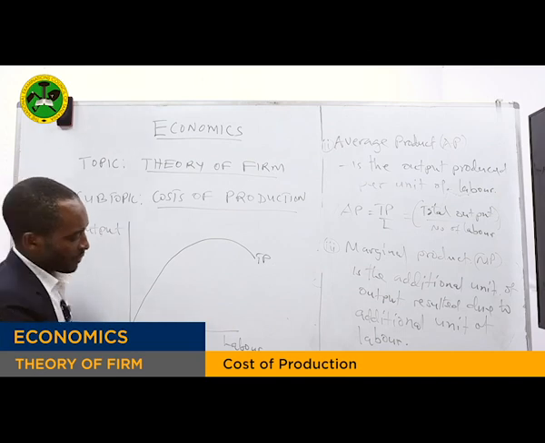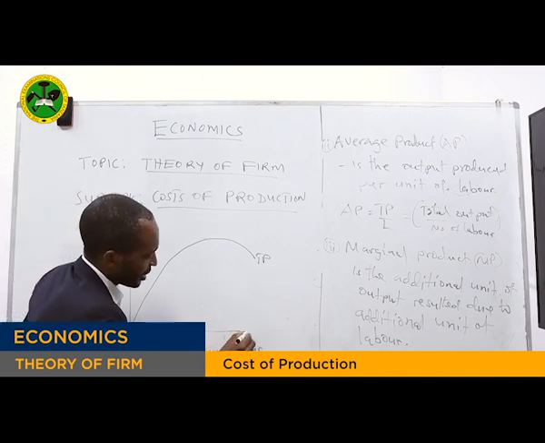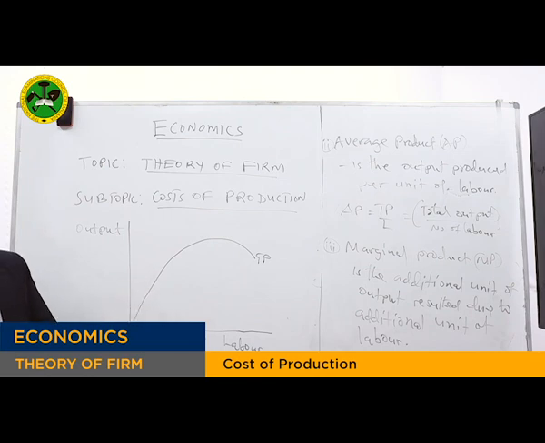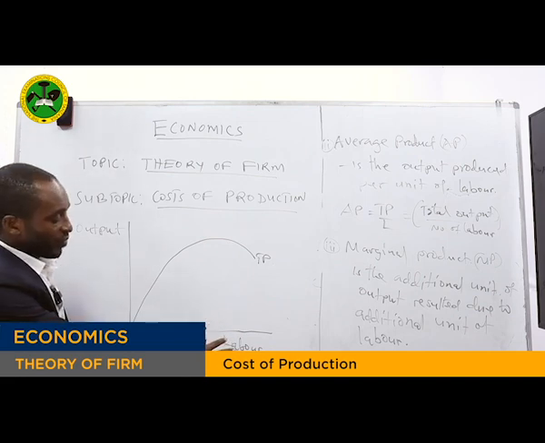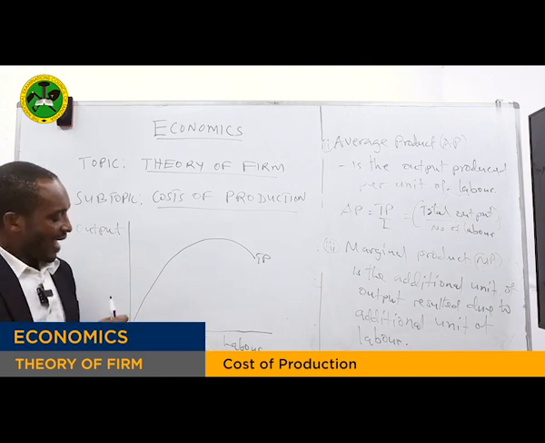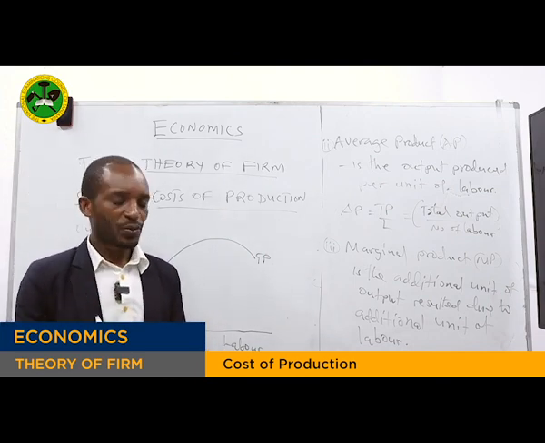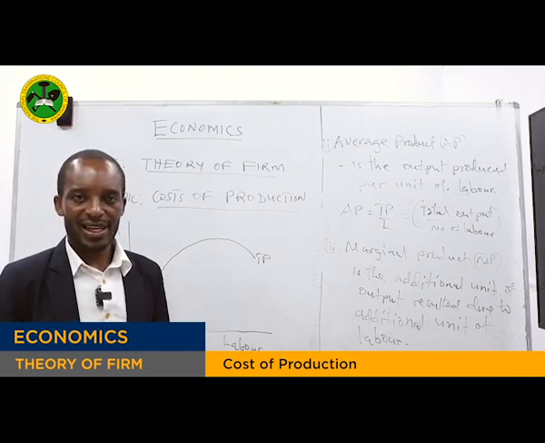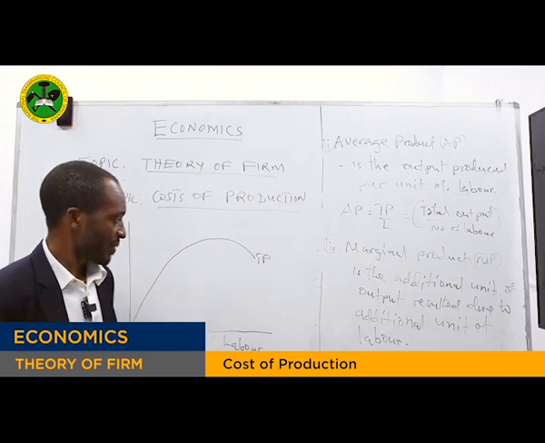So we assume now we are operating in the short run. It means some factors are fixed, especially capital, machines or buildings. It means when you employ more units of labor, the additional output will reach a maximum, then will start to decline or diminish.